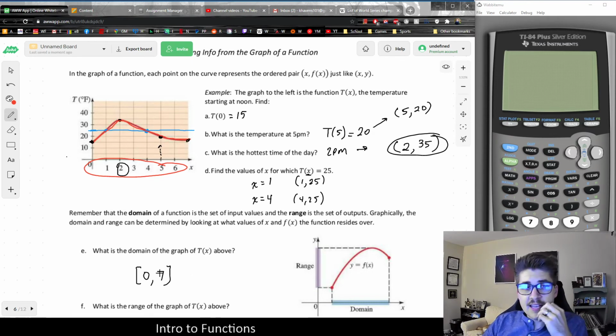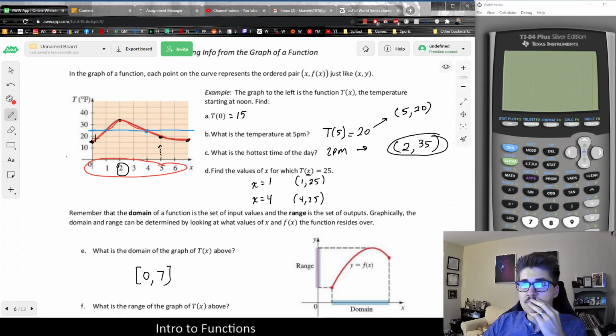All this is saying is I know the output for this function from 0 to 7 p.m. Now I don't necessarily know the temperature at 9 p.m. or 7 a.m., and that's why it's not part of the domain. Though technically the temperature is defined every day, all day, every day. So in the theoretical sense, this function has an infinite domain, continuing to infinity. We just don't know it because this is all we have.